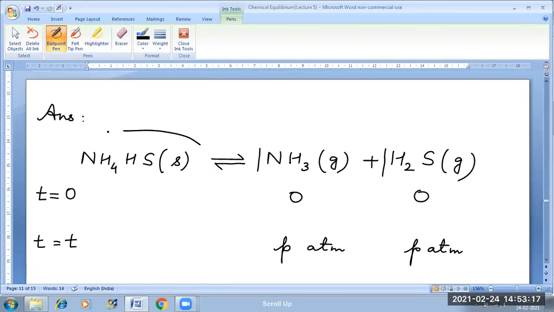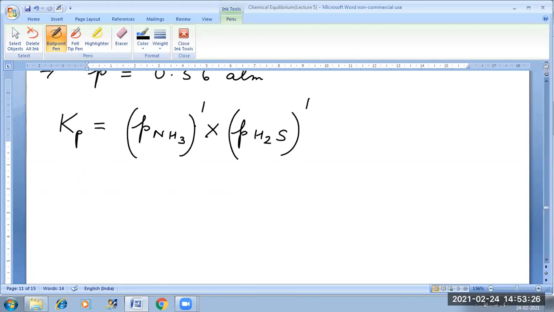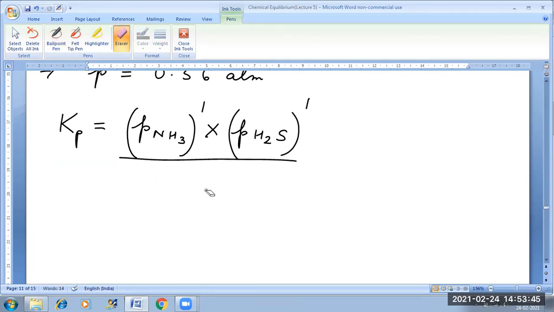Upon the reactant, but the reactant is a solid, so I have to ignore the solid. So this is going to be the expression for Kp. I will not take into consideration the solid, and hence I cannot write upon P of NH4HS. I cannot write this because it's a solid. So ignore the solid completely. This is Kp.